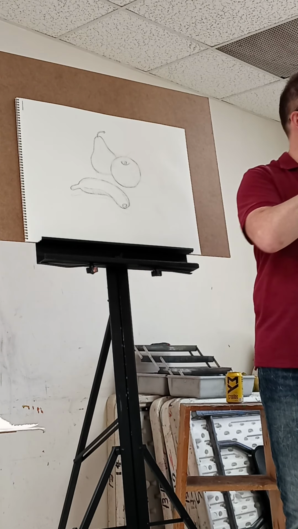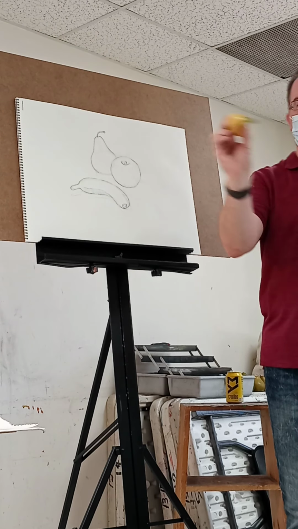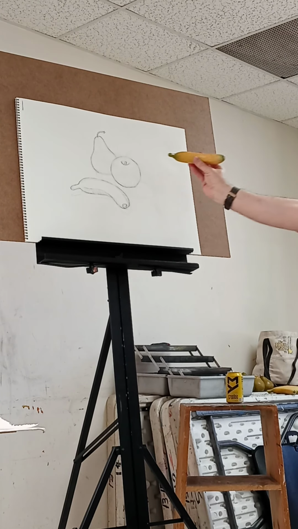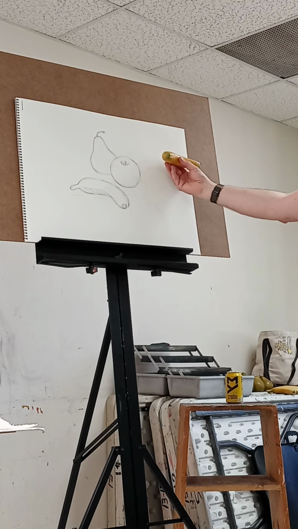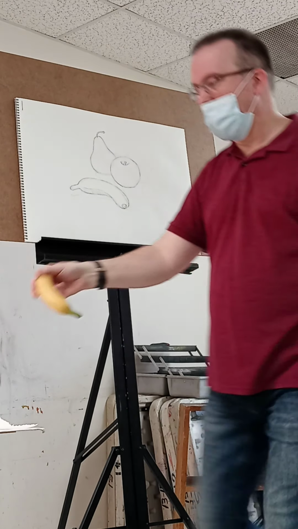It's like a squashed banana. So it looks weird, and it doesn't quite have the same register to you as the familiar shape. So that's what I'm trying to get at here. Okay.